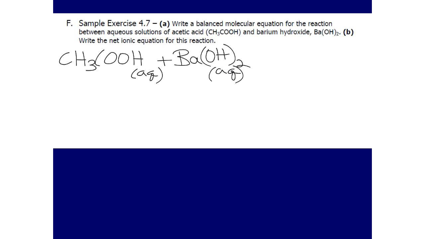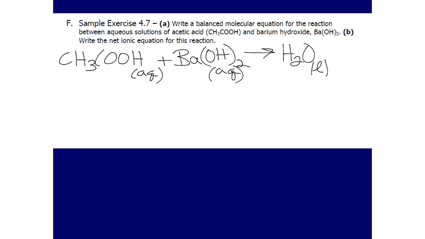Oops, barium hydroxide should have the 2 there. Okay, so we have a neutralization reaction because we had an acid plus a base. So we have to make water. The water comes from the hydrogen ions from the acid and the hydroxide ions from the base. Then we have the leftover ions as a salt.